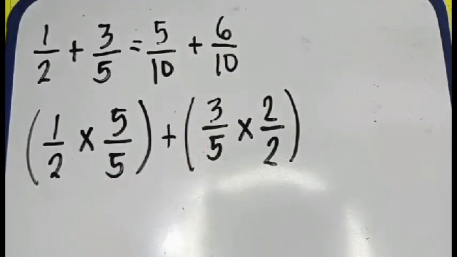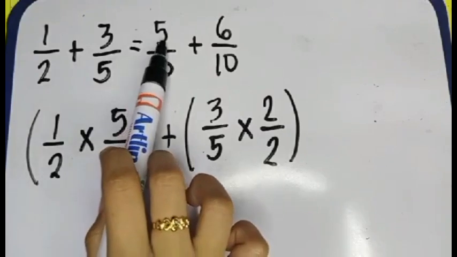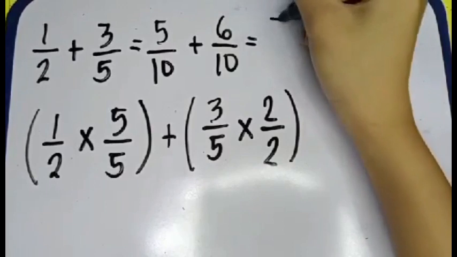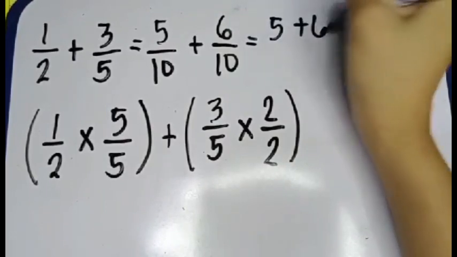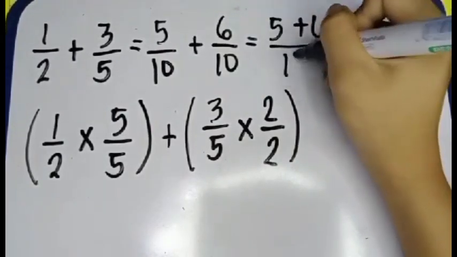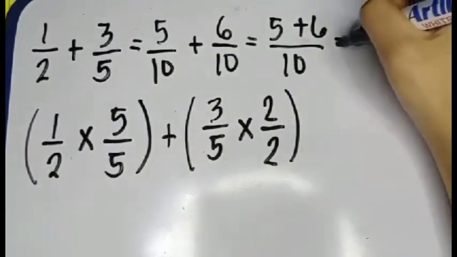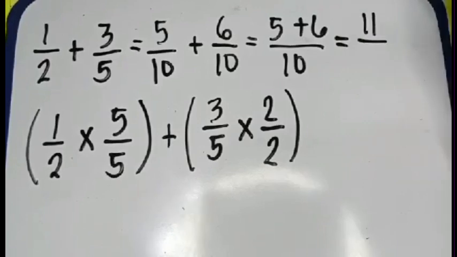So ngayong parehas na ang denominator natin, pwede na nating i-add ang ating numerator, which is 5 plus 6. 5 plus 6 is equal to 11. Then, copy the denominator.